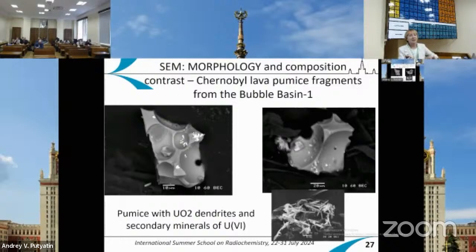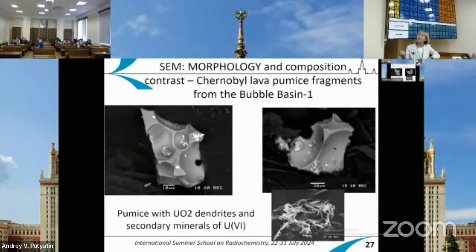And here is the example of the bubble basin. It is the first floor of the reactor. It was filled with water, and when lava comes to water, it has some bubbles like pumice in the sea when a volcano's lava goes to the seawater.